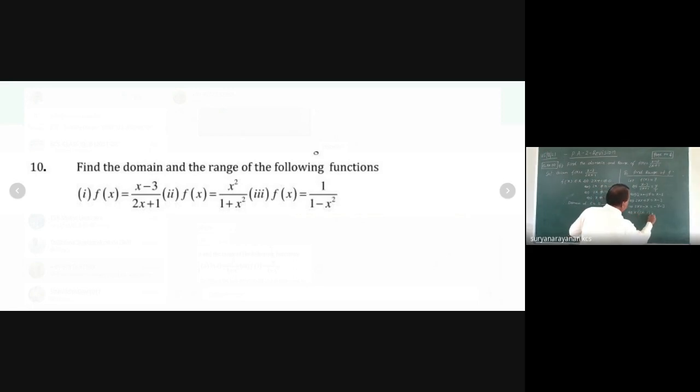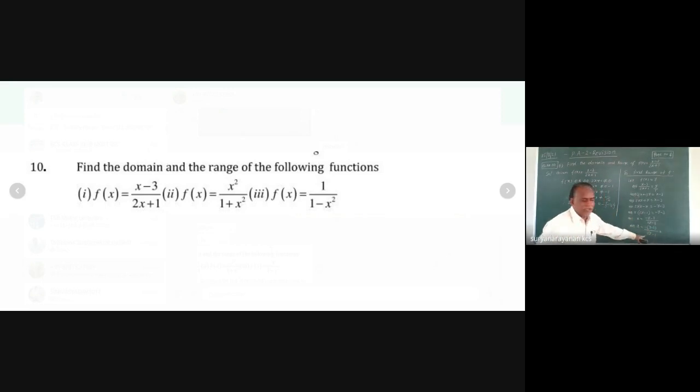2y minus 1 is equal to minus y minus 3. This implies x is equal to minus y minus 3 by 2y minus 1. Now let us take minus common here. So minus of y minus 3 by 2y minus 1.